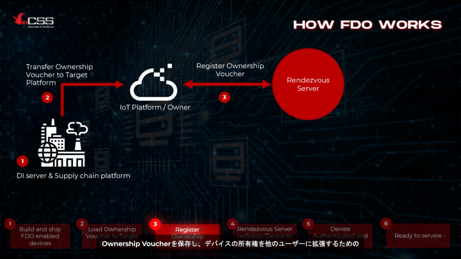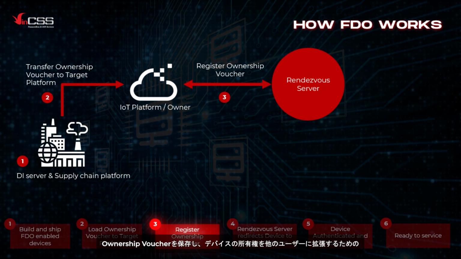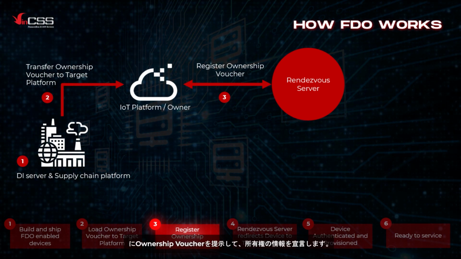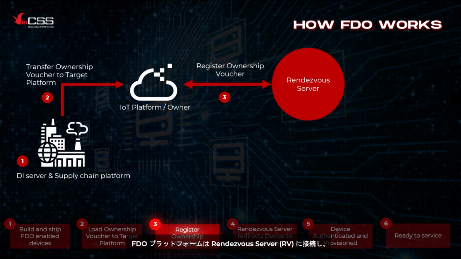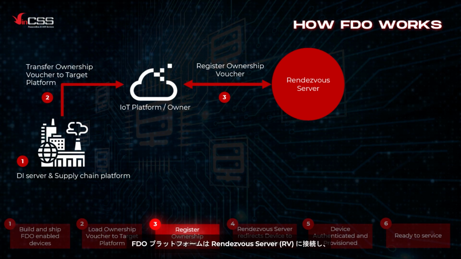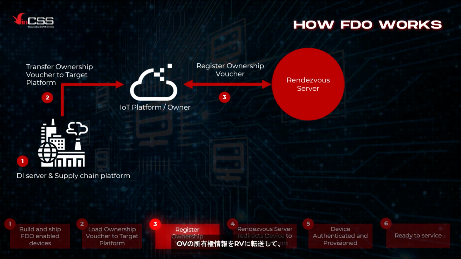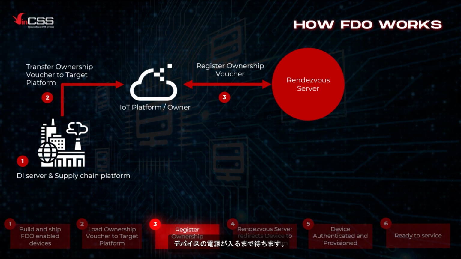The buyers then submit the ownership vouchers to an FDO-supported platform, in this case VinCSS IoT platform, to declare their ownership information. The FDO platform then connects to a rendezvous server, RV, and transfers the ownership information of the OV to RV and waits for the devices to be powered on.